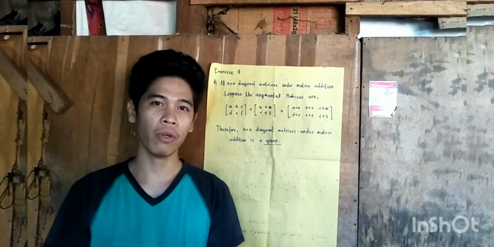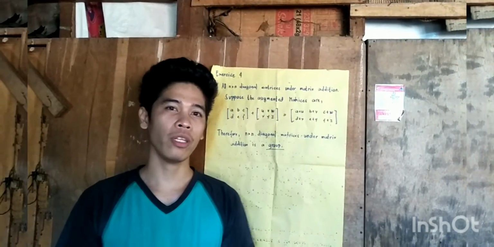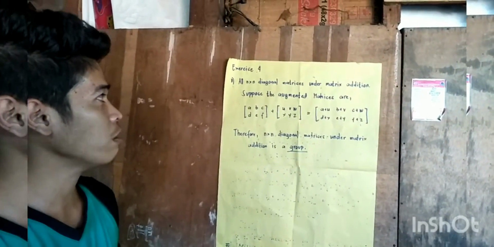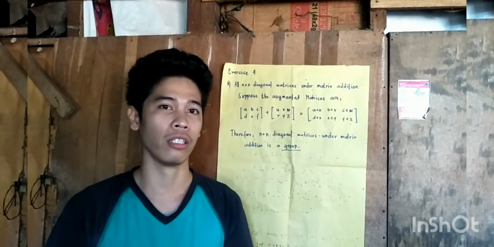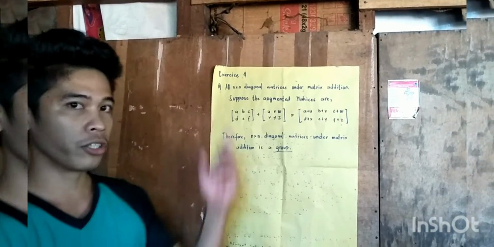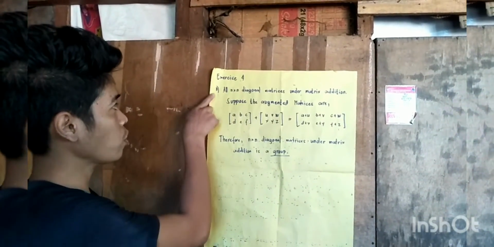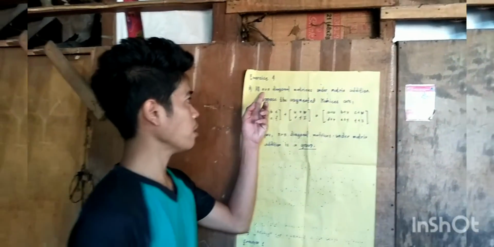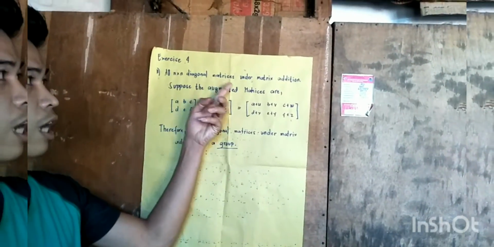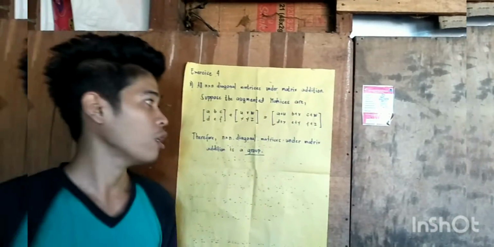Okay, good day everyone. I am here today to explain my chosen exercises. I have two exercises. Under exercise 4, I have chosen number 11. The question is: all n times n diagonal matrices under matrix addition.